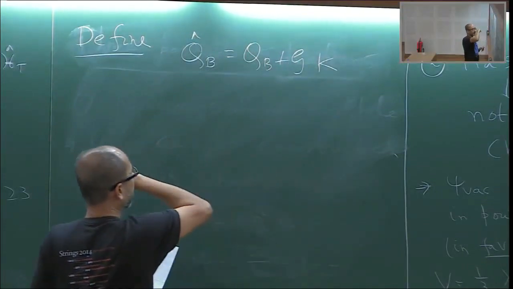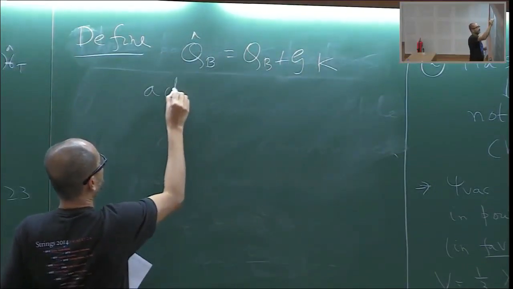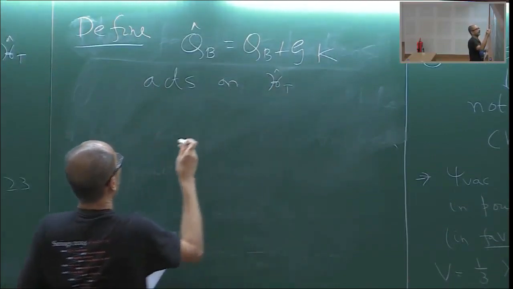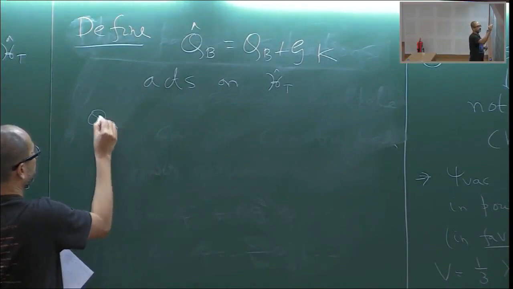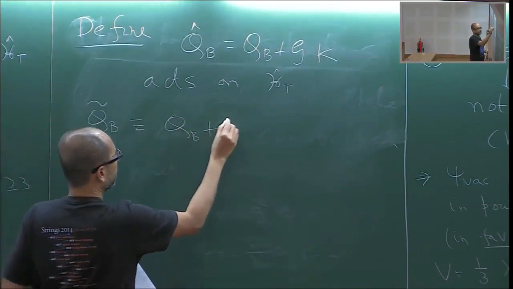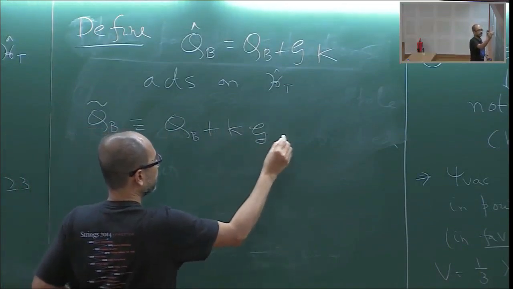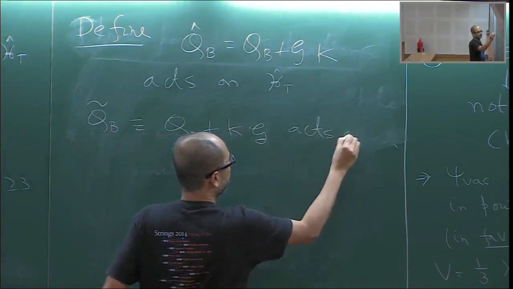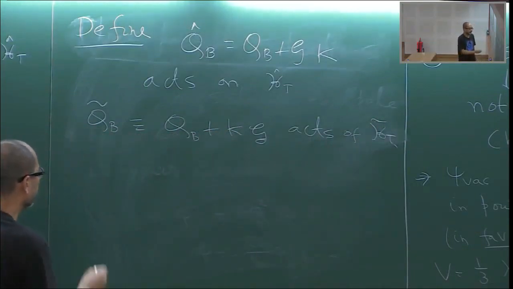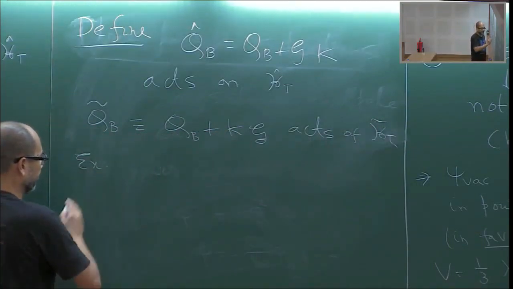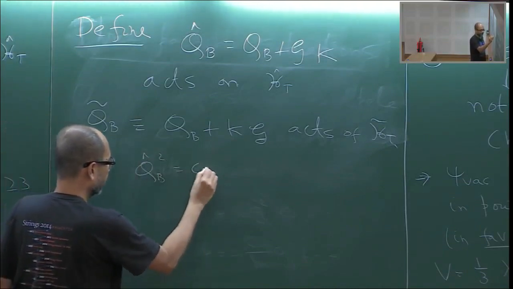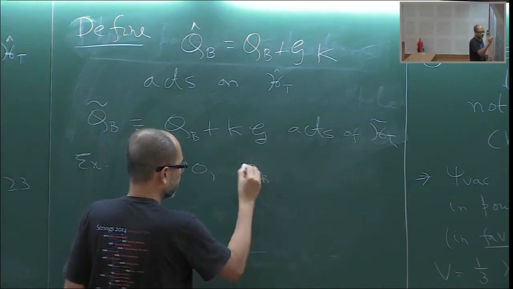This acts on H hat T, and QB tilde is QB plus KG. This acts on H tilde T. So again, I'll leave as an exercise to show that QB hat square is 0 and QB tilde square is equal to 0.